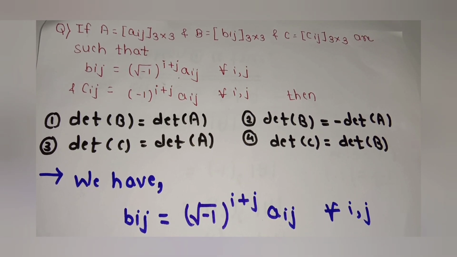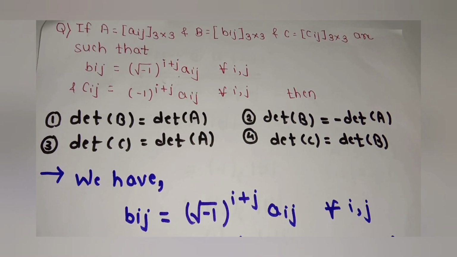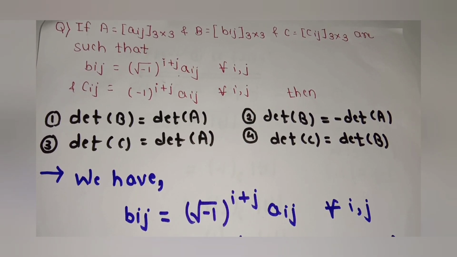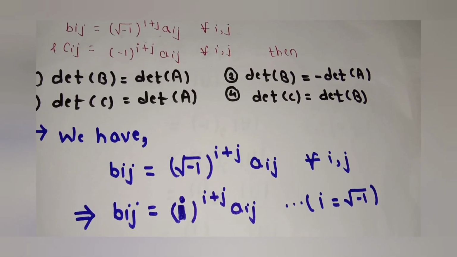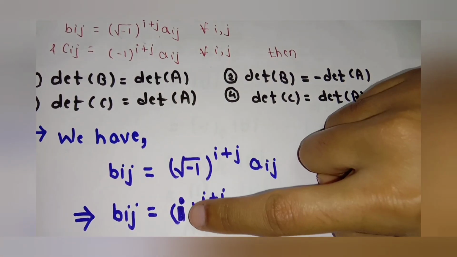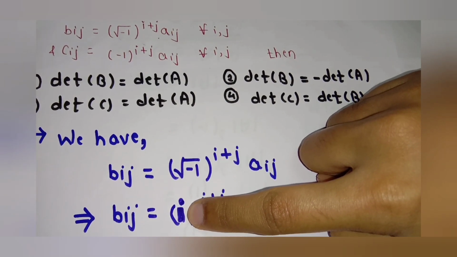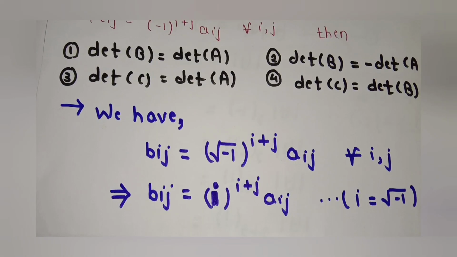So consider the first condition, that is Bij is equal to square root of minus 1 raised to i plus j into Aij for all i, j. Now we already know that square root of minus 1 is nothing but an imaginary number. Therefore we replace square root of minus 1 by i.